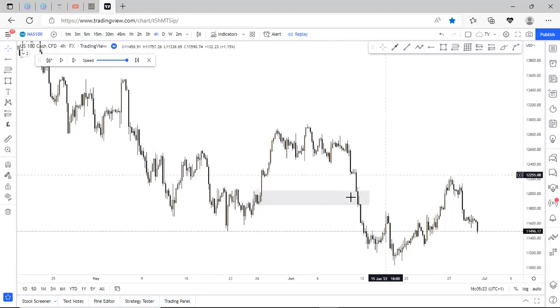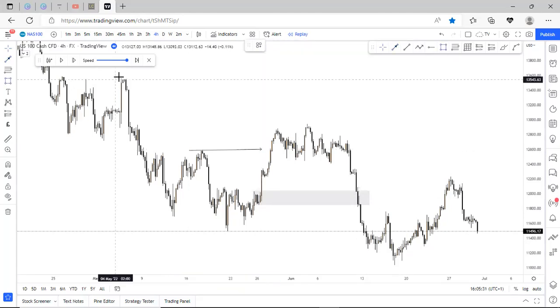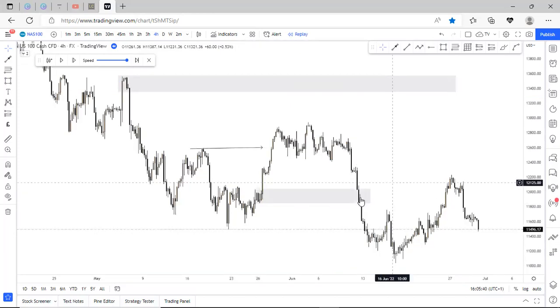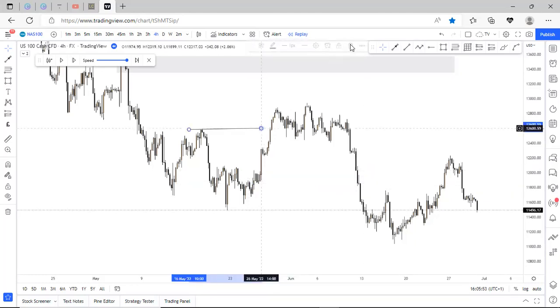Because this was a break of structure and price has the tendency to move up into the zone because of this imbalance, I can try and cut this zone and see if I would have been in a buy at this zone, if I was able to get confirmation, or if this would have stopped me out, just as you can see right here. So you want to pick zones that are worth it, like demand and supply zones, significant zones. Okay, so that's what we want to do.